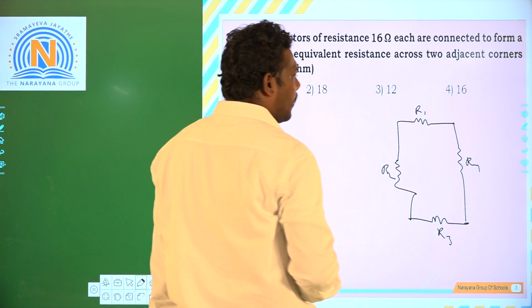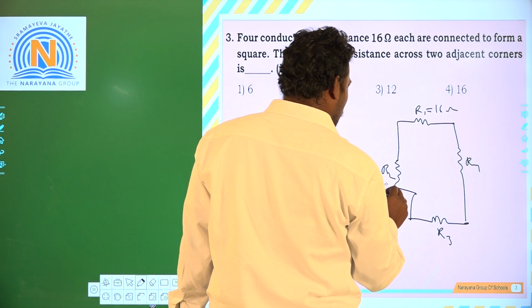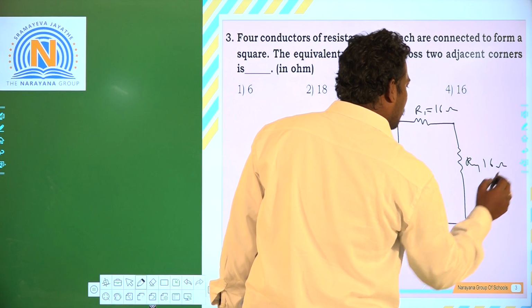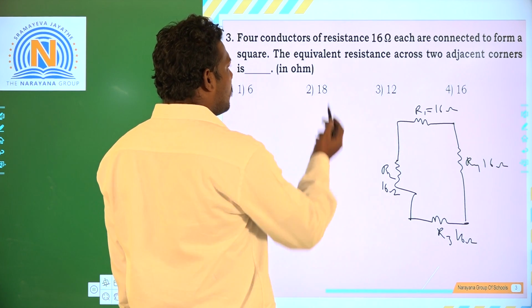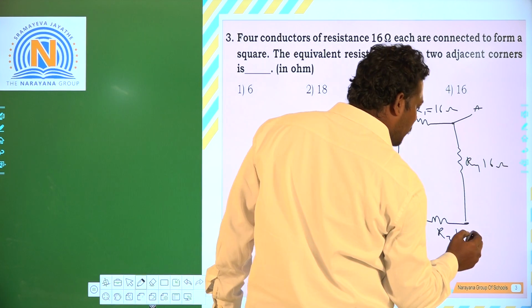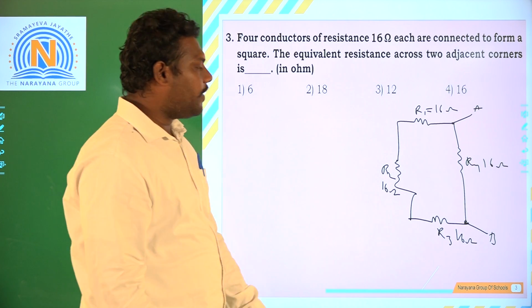Now each is of 16 ohms. Between any two adjacent corners we need to find the equivalent resistance. Let us say this is A terminal and this is B terminal. So we need to find resistance between A and B.